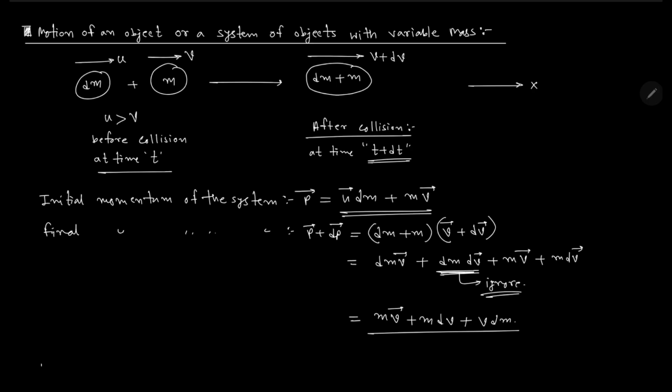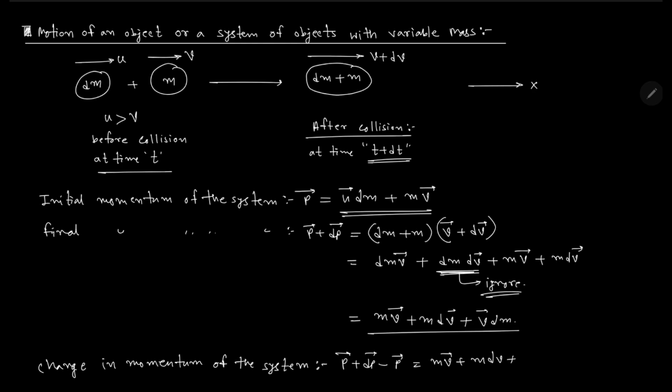So the change in momentum of the system is the final momentum minus the initial momentum, that is equal to m v vector plus m dv vector plus v vector dm, minus the initial momentum.